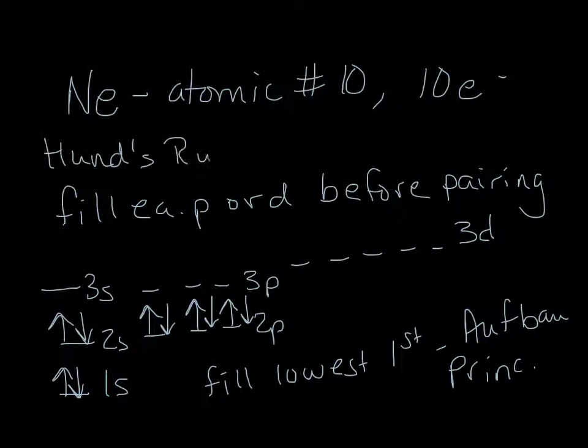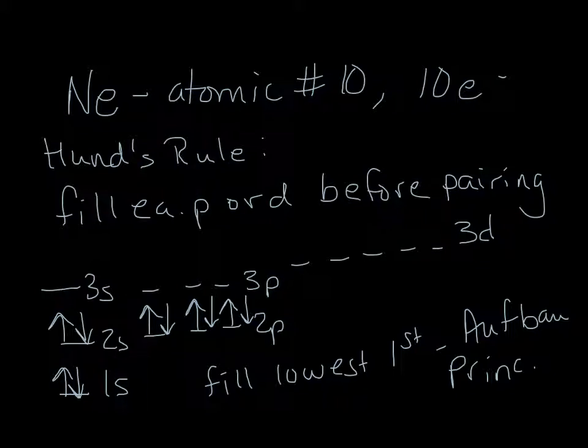Again, named for a scientist, Hund. Hund's rule says you fill each P or D first before you pair it. So if we relate that to our hogs, the hogs don't like each other, so you've got to put 1 in each room first before you come back and fill it up with the second one, because they'd rather have a roommate than have to go up to that 3rd floor. Electrons, same thing. They would rather pair than have to move up to the next energy level.